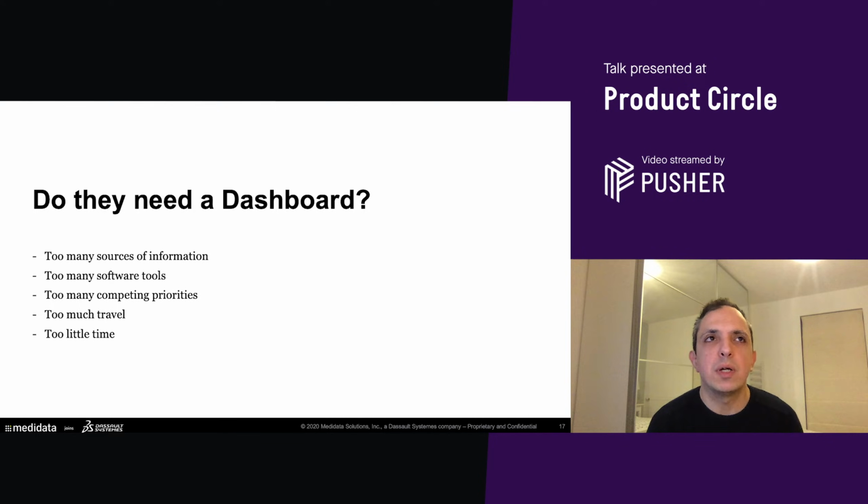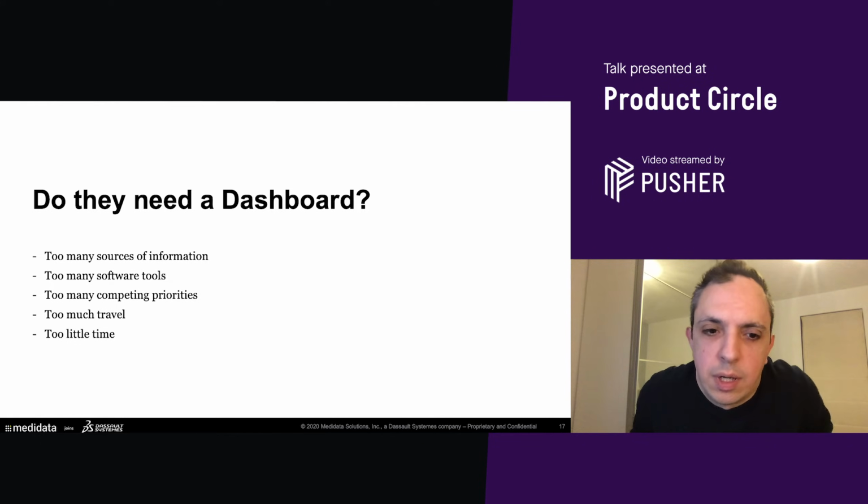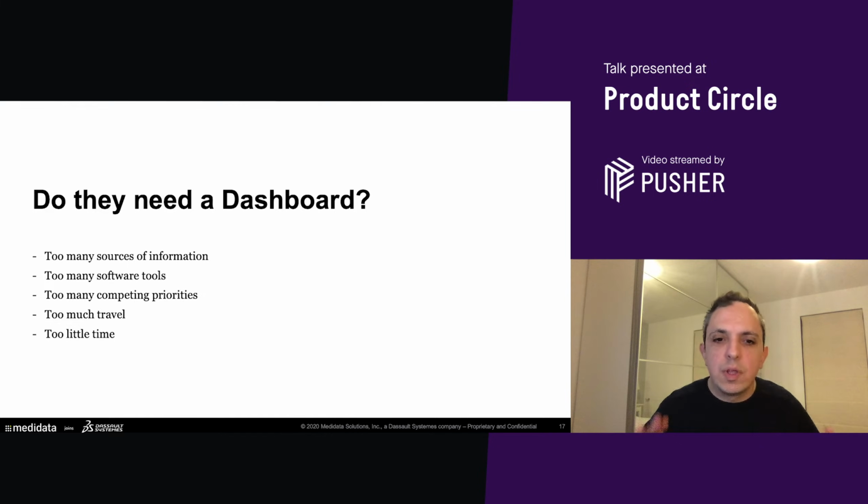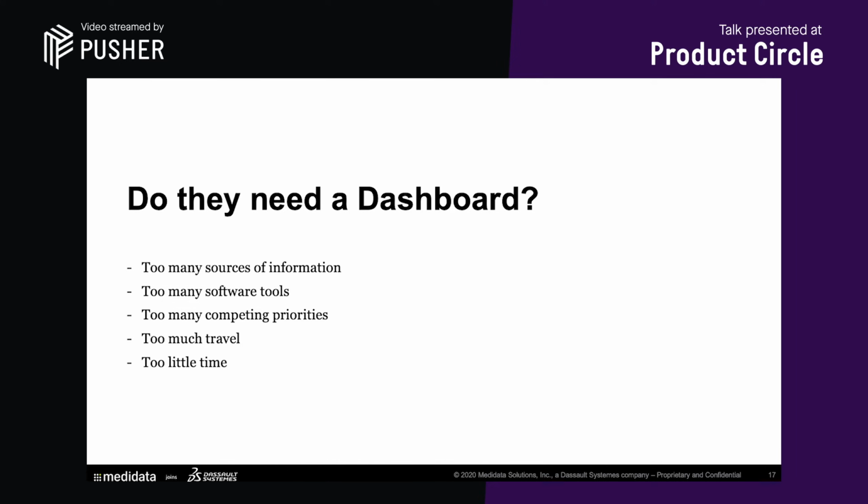So apart from spending a large part of their time in cars or airplanes, they also need to make sure that each site visit is utilized to the extreme, right? They don't have a lot of time to spare, and they also need to understand fairly quickly what their priorities are on any given day.